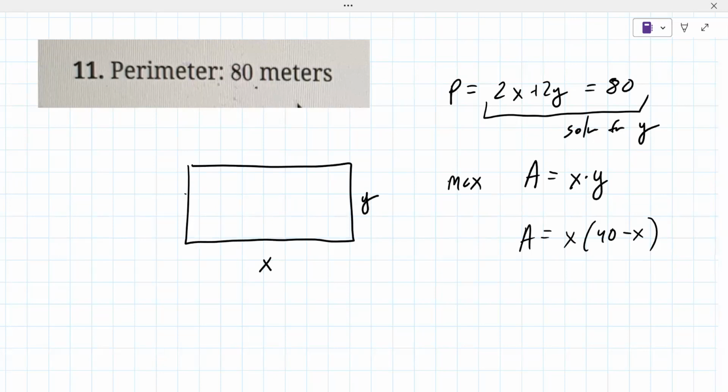So x equals 20. So what does y equal? y was 40 minus x. You put it back in.